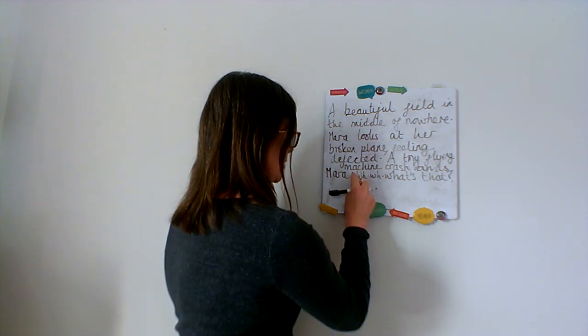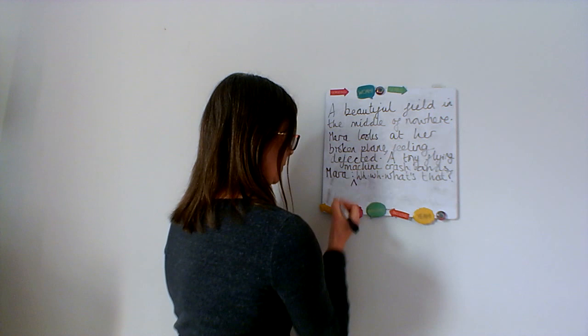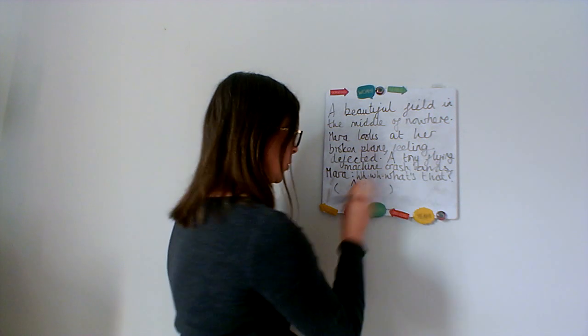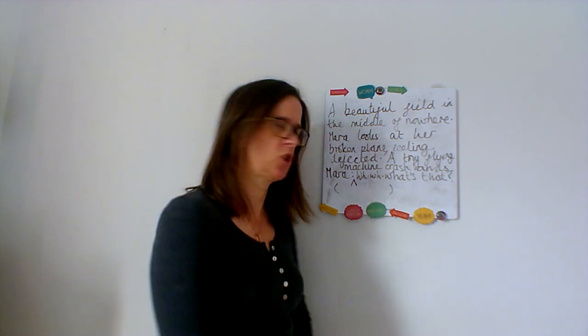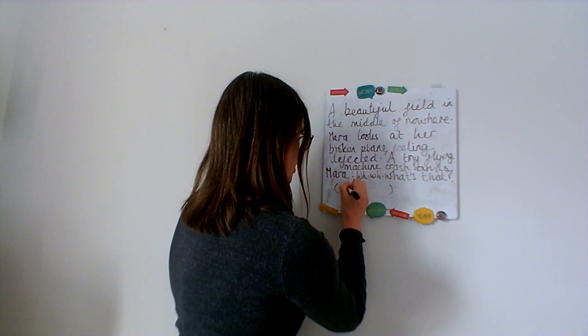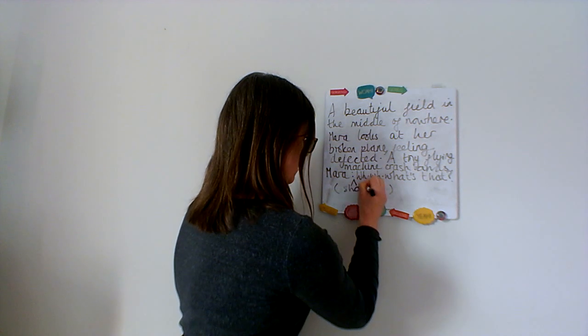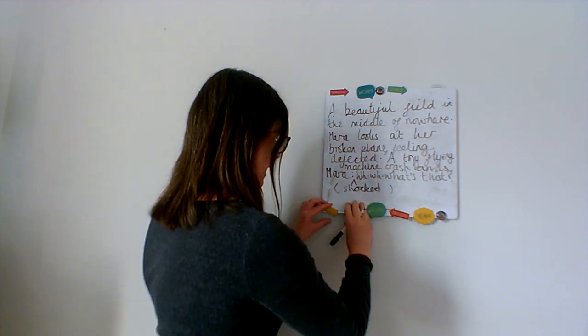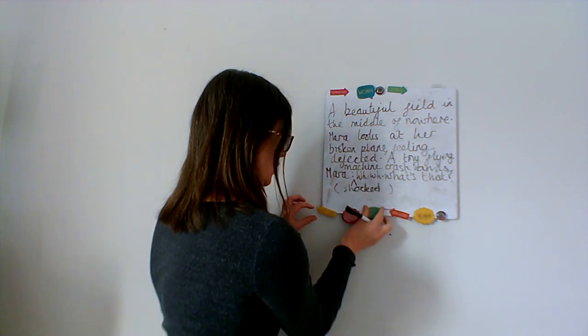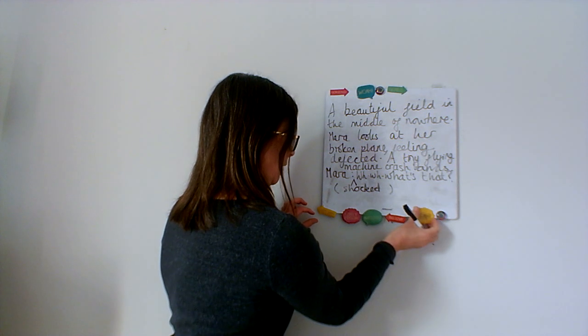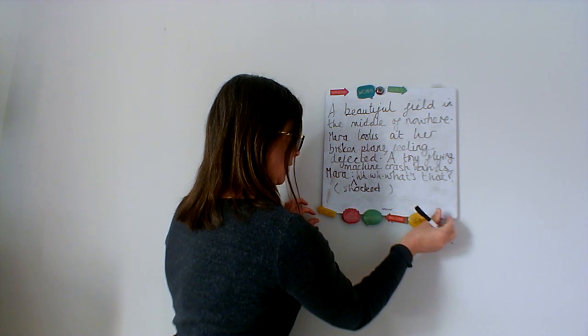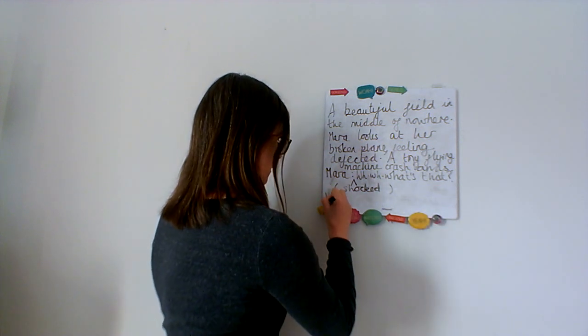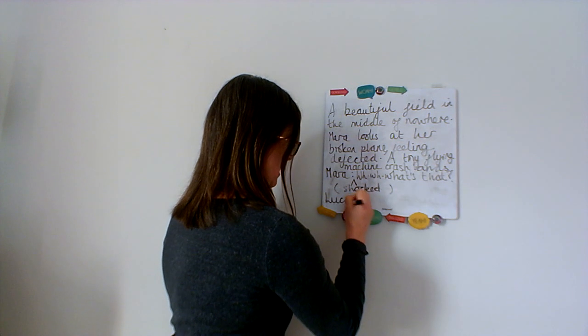So what I would need to put in here, I'm just going to put a little arrow with brackets. I've got to write an adjective to show how she's feeling. So she's going to be shocked, isn't she? She's going to be absolutely amazed by what's just happened. And then Lucas is going to speak.